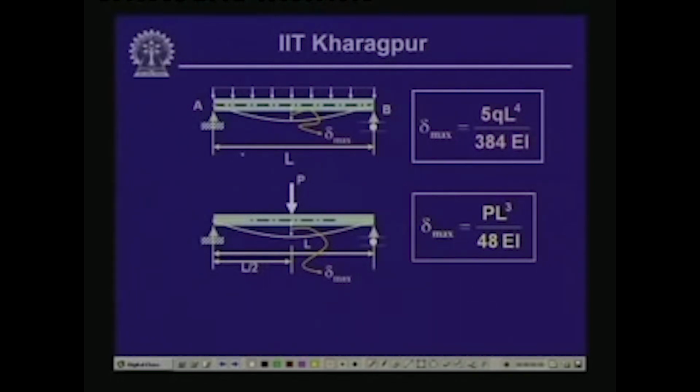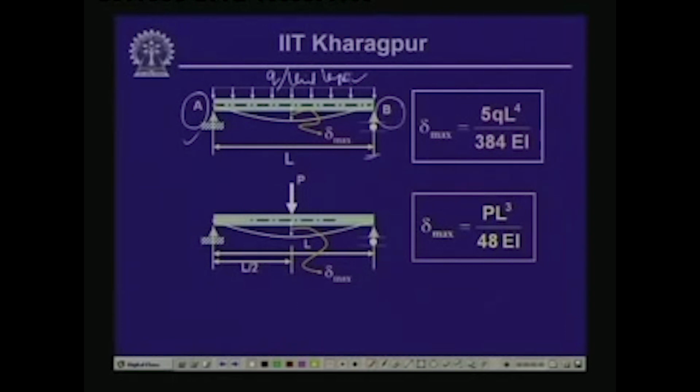Now, if we have a simply supported beam which is hinged at end A and supported on a roller, subjected to a uniformly distributed load, let us say of intensity q per unit length.